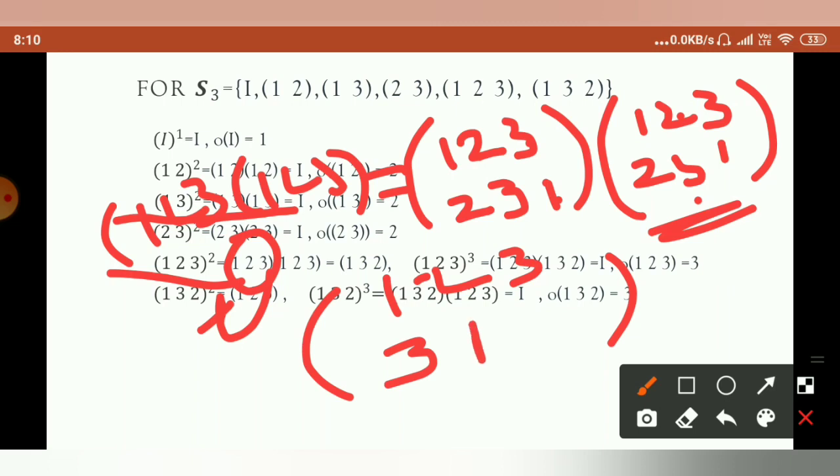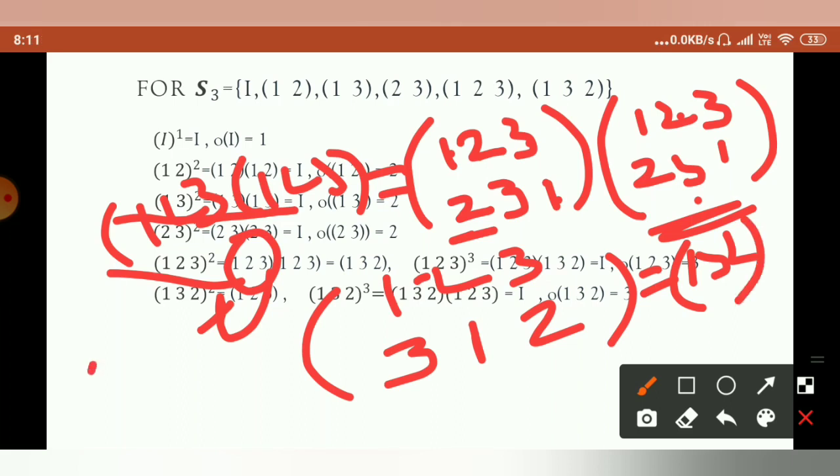We have to combine these two. This is called composition of mappings. Next, the image of 3 is 1 here and the image of 1 is 2 here, so the image of 3 is 2. Now if we write it in cyclic form, the image of 1 is 3, the image of 3 is 2 and the image of 2 is 1, so it is (1 3 2).